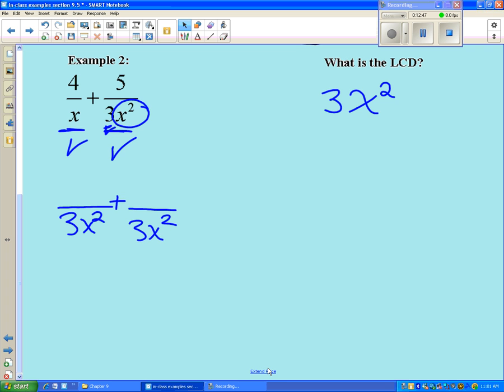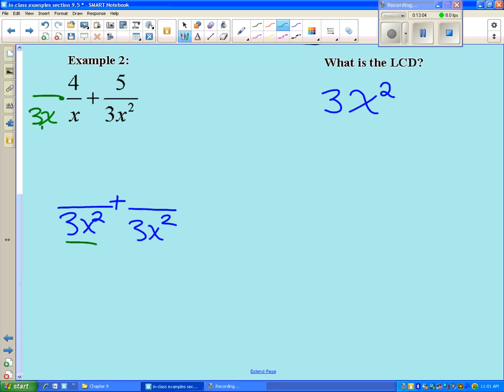On the first problem, I already had common denominators, so I didn't have to do this step. Now I need to get a common denominator. Well, I have 3x squared, I have x. So what do I do to x to get 3x squared? I have to multiply by 3x. 3x times x is 3x squared.